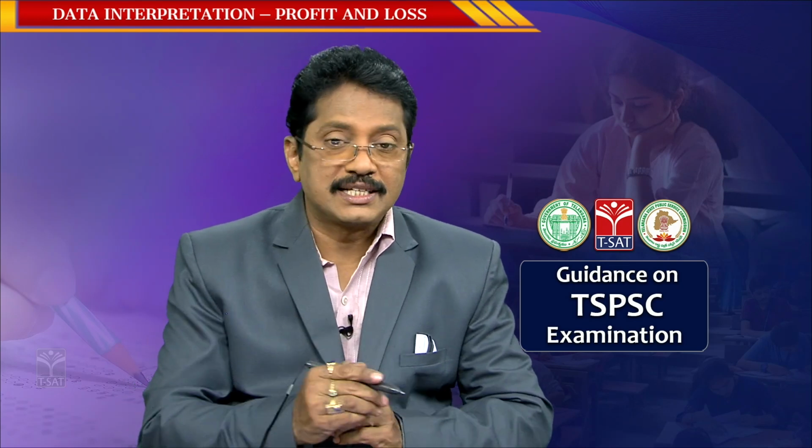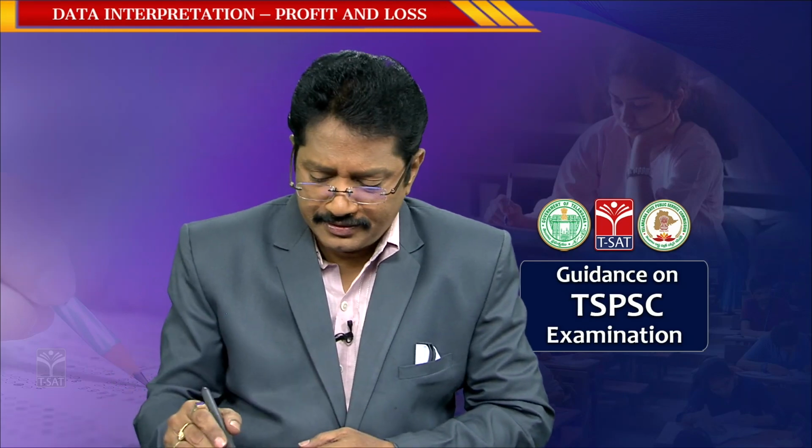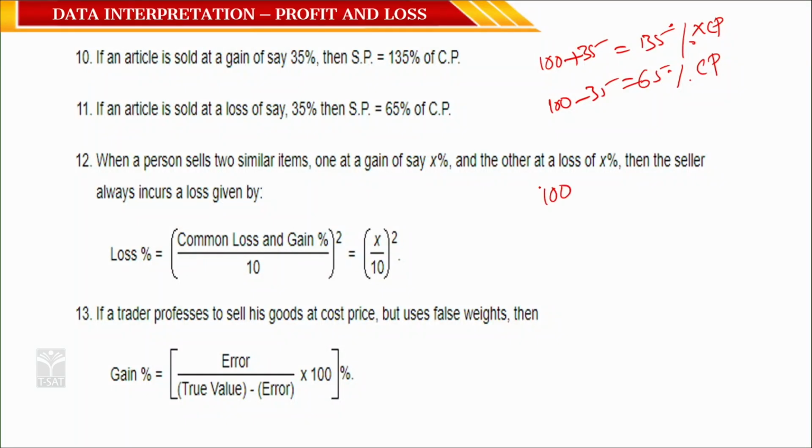See, once again I am repeating the question here. Take an article for 100 rupees instead of lakhs, let us say for understanding purposes. 2 articles, each one at 100, means total cost price is how much? 200.